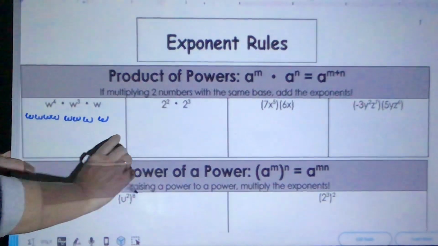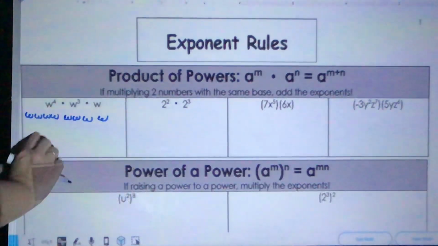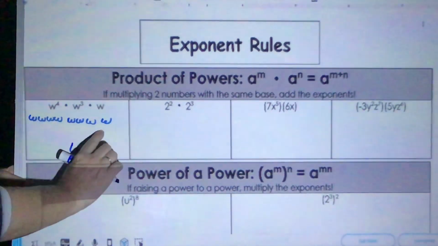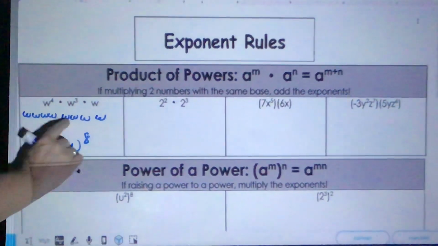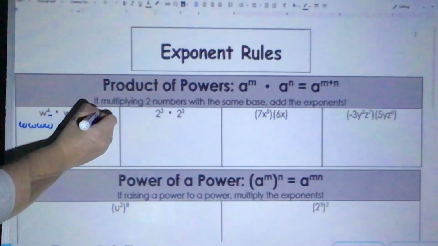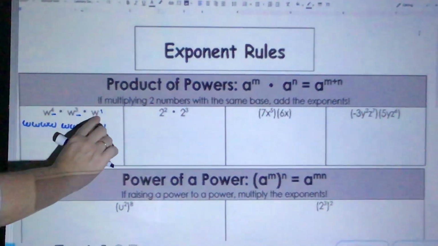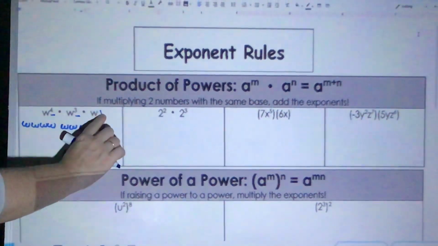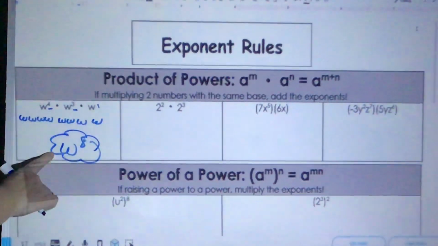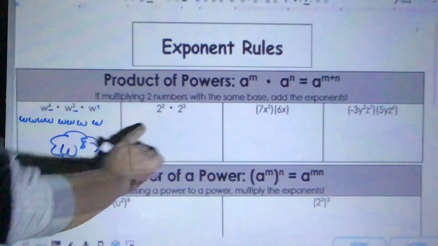Your answer written in exponential form would be w to the 8th power, because you would have 8 w's. But instead of having to write it out all the time, the rule is you can just add your powers. The tricky thing is to remember that this w has a power of 1, and not to forget adding that. So we get w to the 8th power.